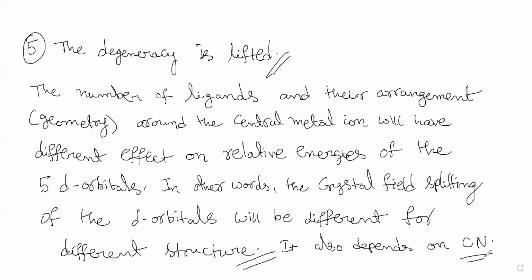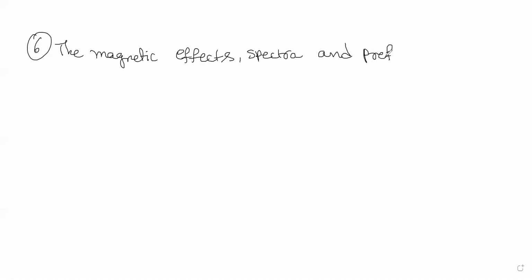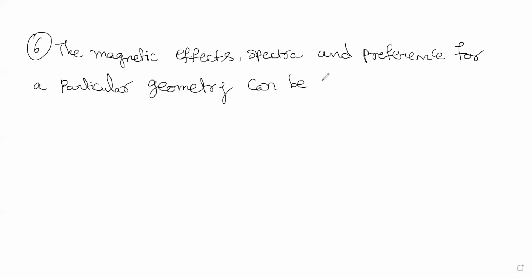The next one is the magnetic effects, spectra, and preference for a particular geometry, which can be explained by this crystal field theory.